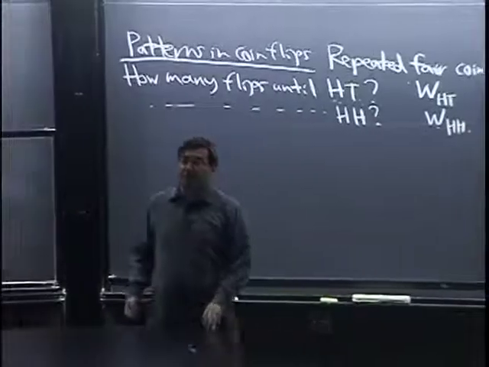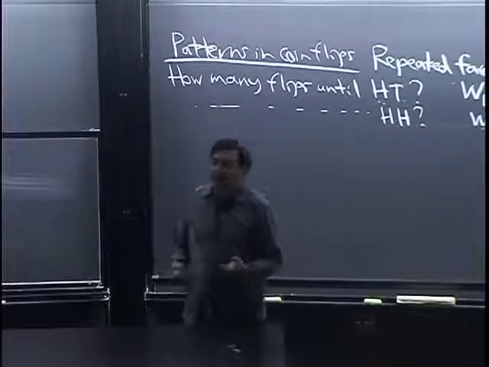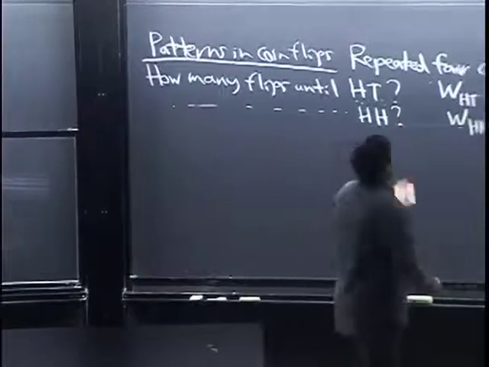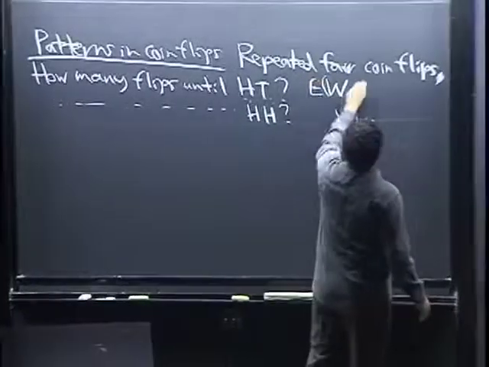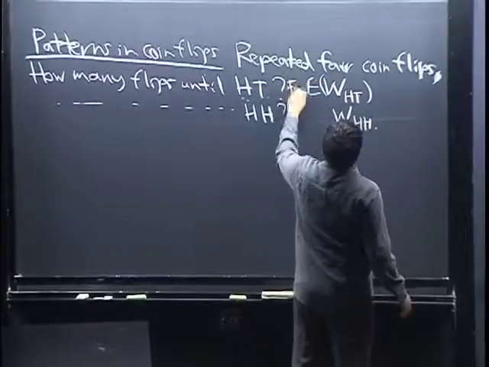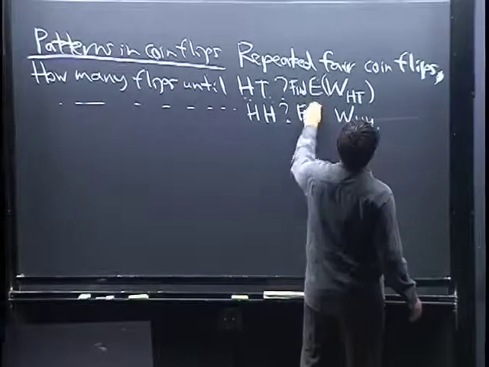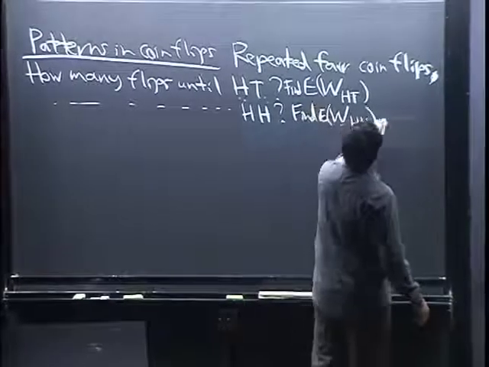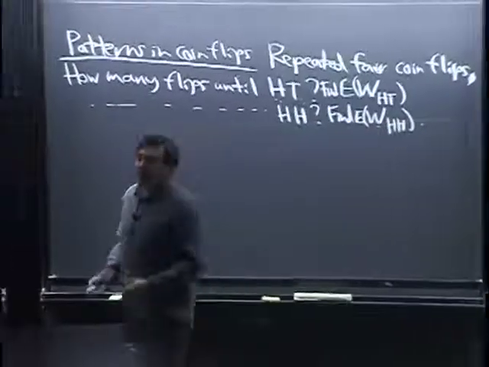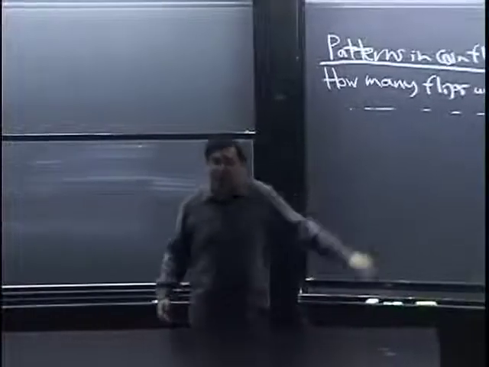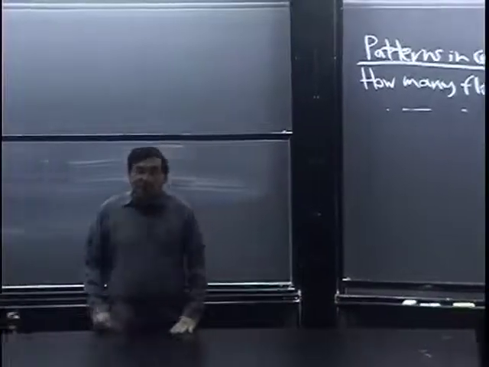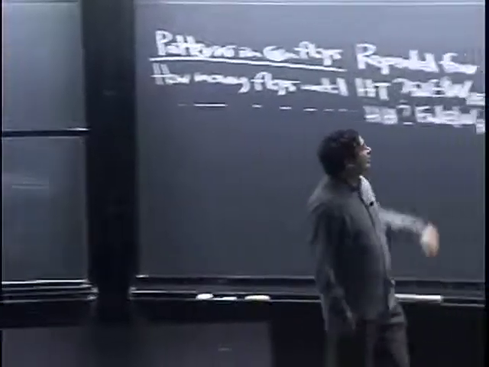Those are both random variables. But right now we're talking about expectation, so our problem is to find the expected values of these two waiting times. I'm using W for waiting time. Expected value, how long you have to wait for these patterns. Okay? Well, we'll solve both of these.